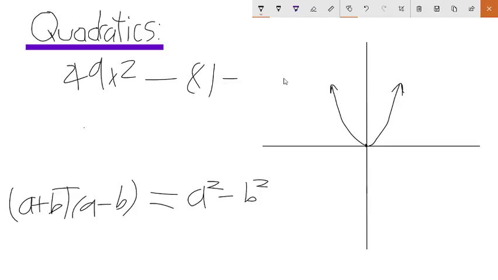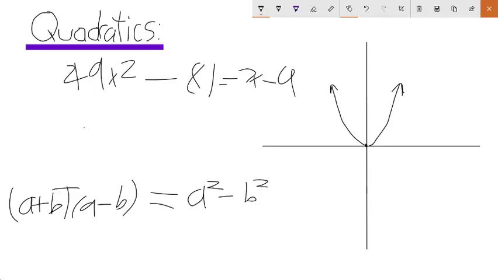Using our pattern of a plus b times a minus b, we should get 7x, because if you take the square root of 49x squared, that's just 7x. And then we should get minus, because that's minus, and then the square root of 81 is 9. So we get 7x minus 9.